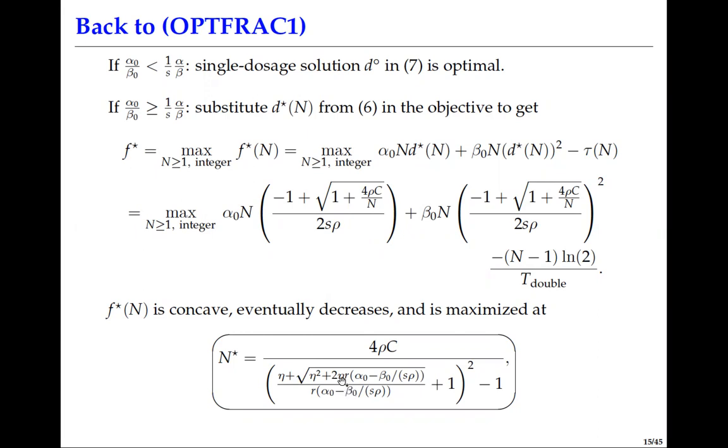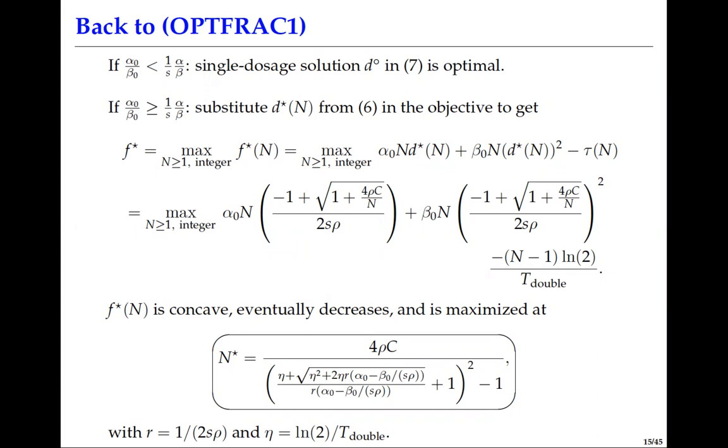You'll see that there is some additional notation here, such as eta and r, where r is equal to 1 over 2s rho, and eta is log 2 over t double bar. So that's the n star that maximizes this quantity. There are some subtle details here that I'm ignoring for the moment, but if you look at the tutorial paper, you will see that since n has to be an integer, now that I know this is the maximizer, I can take the floor and the ceiling of this and figure out which of those two is better.